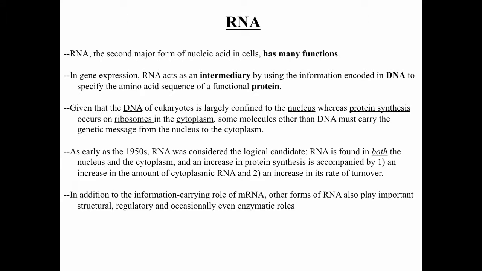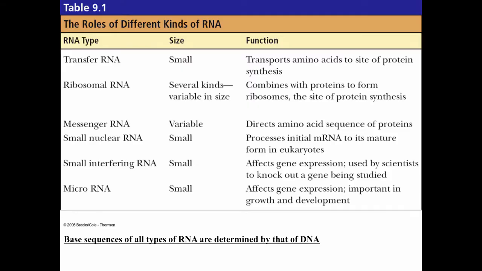Okay, and in addition to this information carrying role, there are other RNAs that play different structural, regulatory, and even catalytic or enzymatic roles. So this table lists the major different kinds of RNA found in the eukaryotic cell. There's transfer RNA.